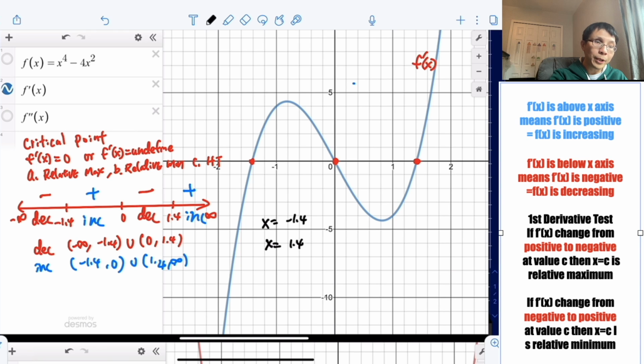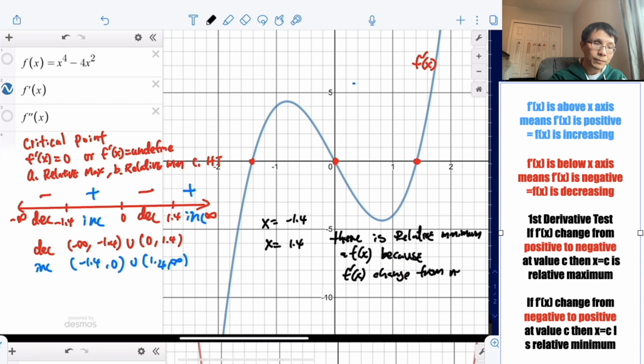At those 2 points, there is a relative minimum at f of x, because of the first derivative test, since my f prime of x changes from negative to positive, therefore it's a relative minimum.